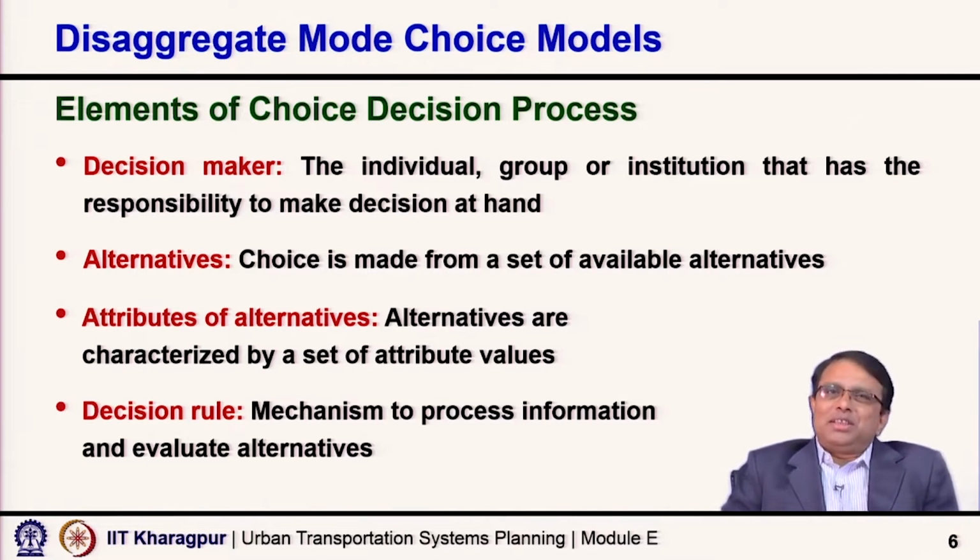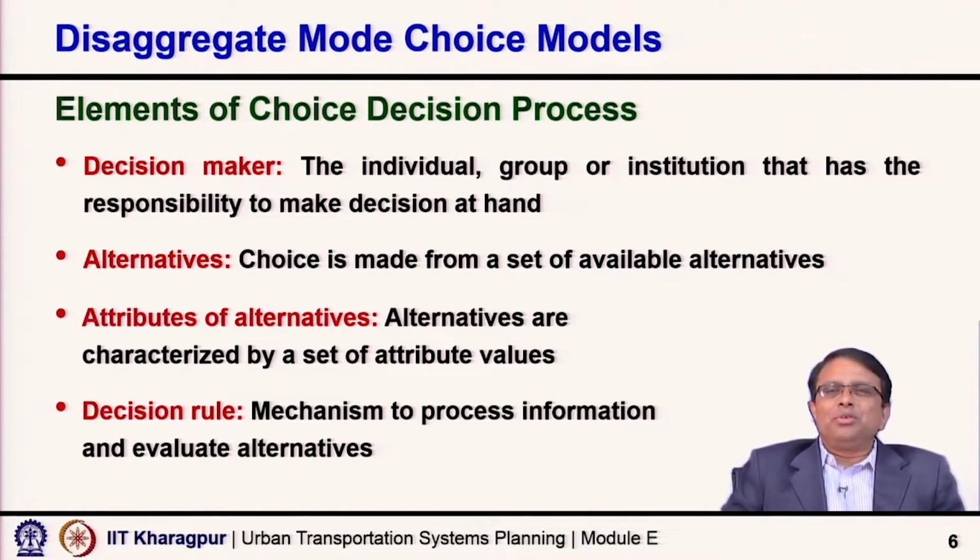Now, let us try to understand clearly the 4 key elements of the choice decision process. What are those? First, there is a decision maker, a person. We are trying to model his or her decision in a given context, maybe the choice of mode, maybe the choice of route.